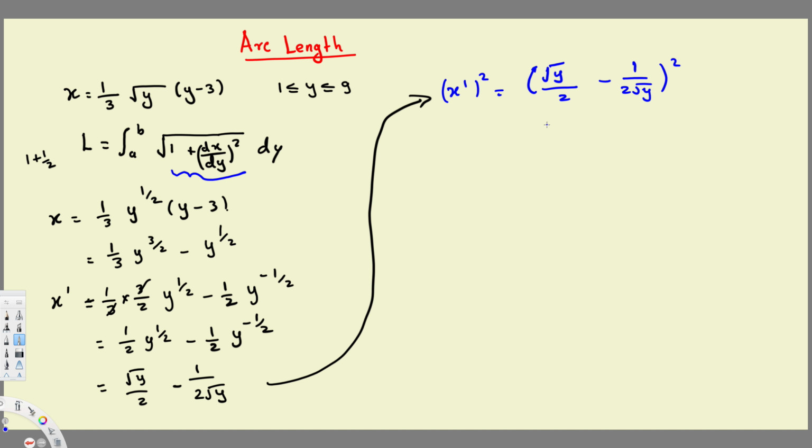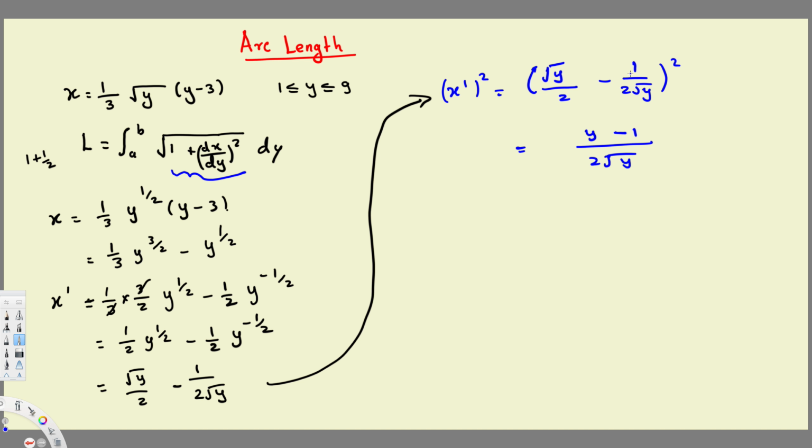Maybe we could take the common denominator and square, inside. So 2 root y is the common denominator, and then we have root y minus 1. If I take 2 root y as the common denominator, the first term is multiplied by root y, so here we have y minus 1.